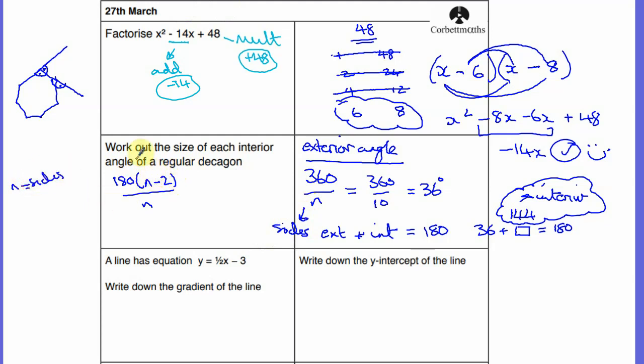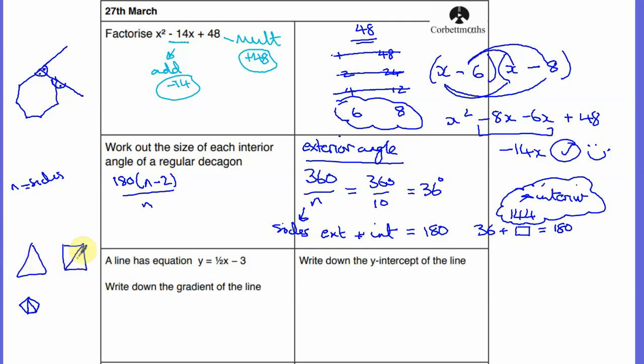N minus 2 comes from, well, we can split that many triangles into it. So in a triangle, we can fit one triangle. In a four-sided shape, we can fit two triangles. In a five-sided shape, we can fit three triangles. And if you carried that on with a six-sided, seven-sided, whatever the amount of sides you have, you can always fit two less triangles in there.